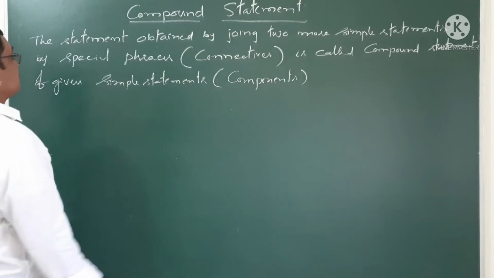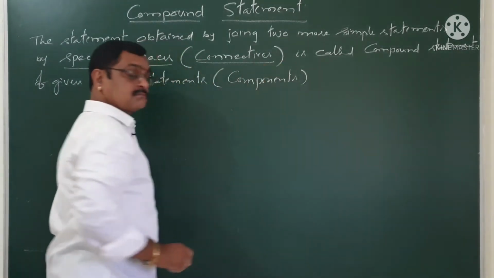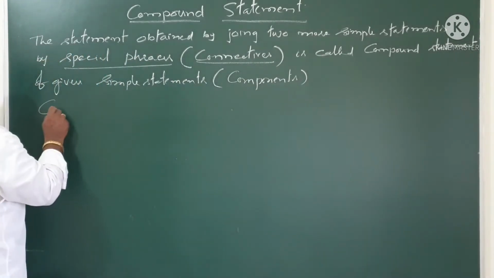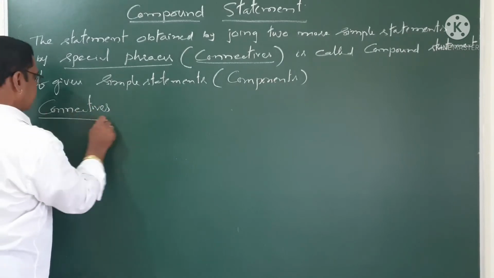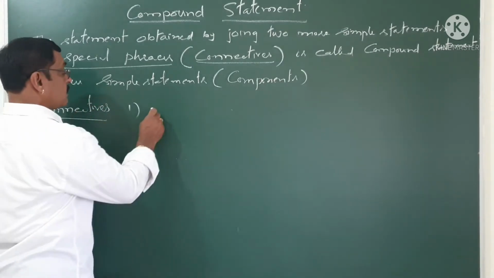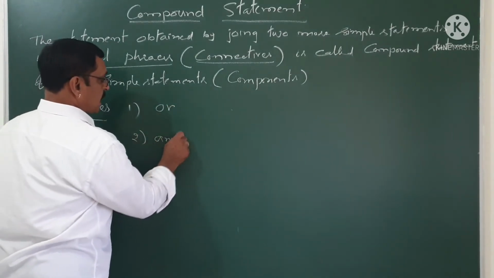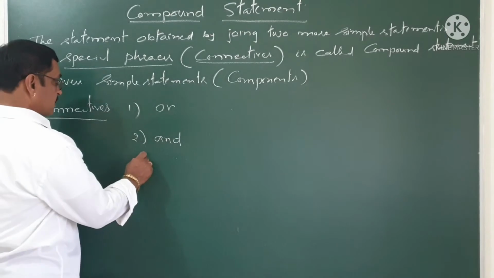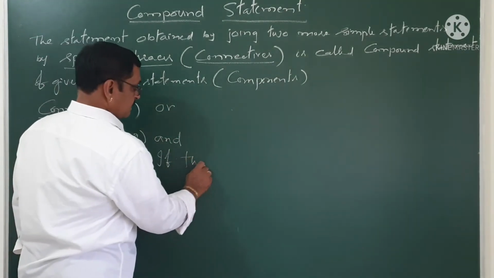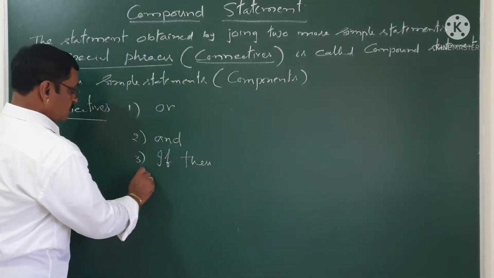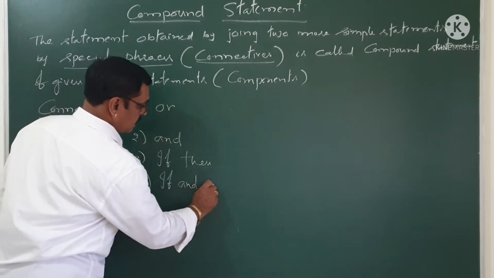Now, what are these special phrases? What are the connectives? Number one, or is a connective. Number two, and is a connective. Number three, if then, another connective. And the fourth one, if and only if.